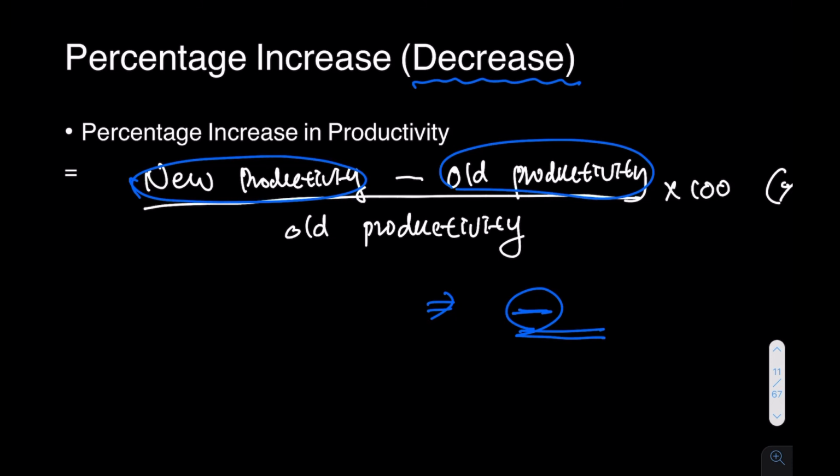In this topic one particularly, we look at two different productivities, current or old productivity, and the new productivity. By looking at the same numbers, the same dimensions, you can define whether there has been improvement or not. So this is measured by percentage increase.